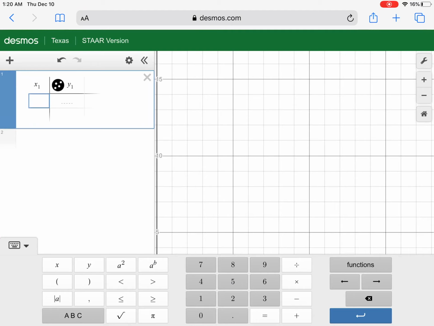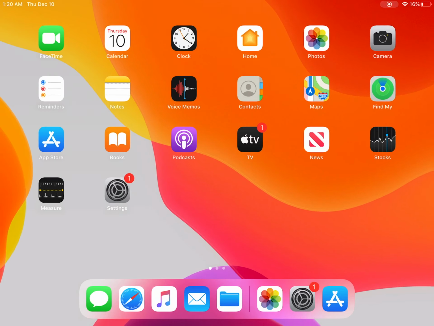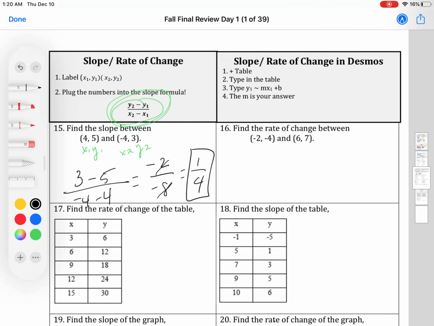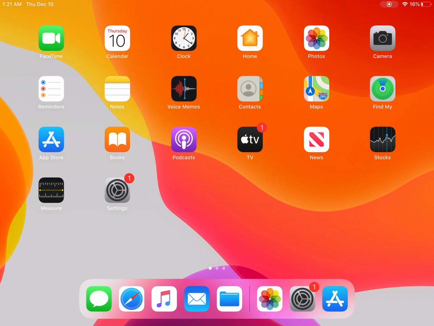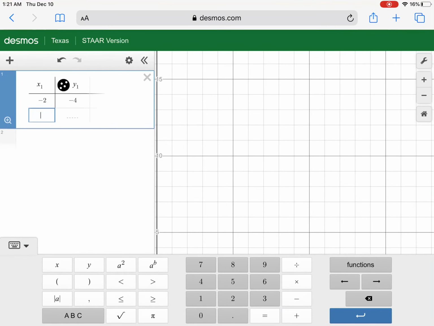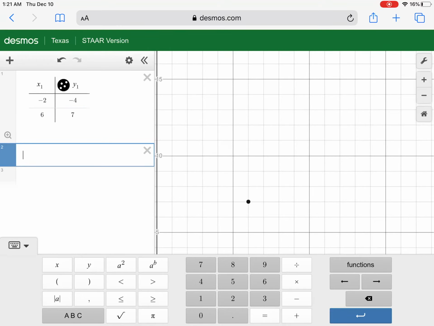Desmos. Here we go. In my table, negative 2 goes with negative 4. Positive 6 goes with positive 7. Okay, so I click the plus sign in the top left corner and I added a table.